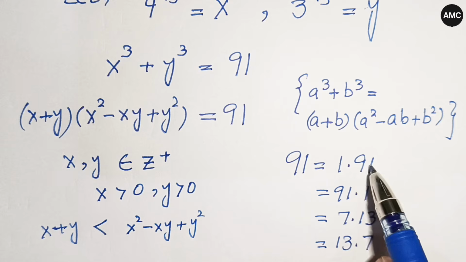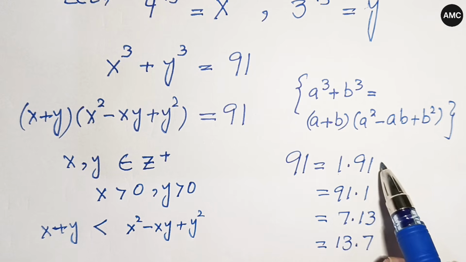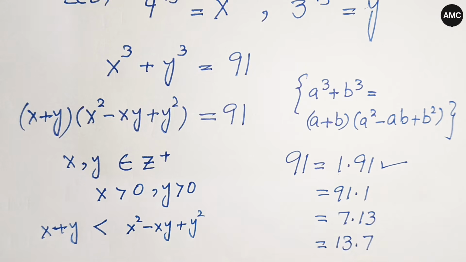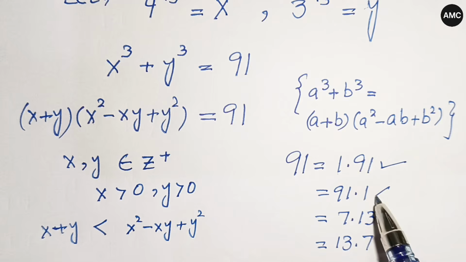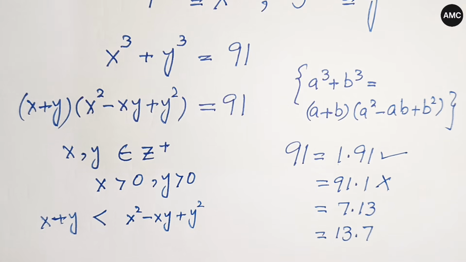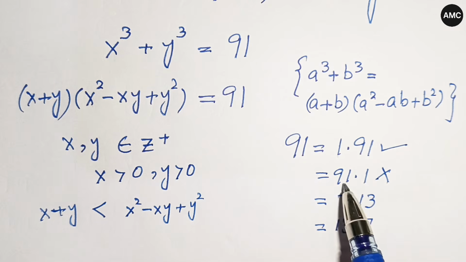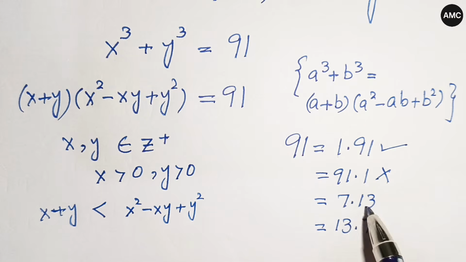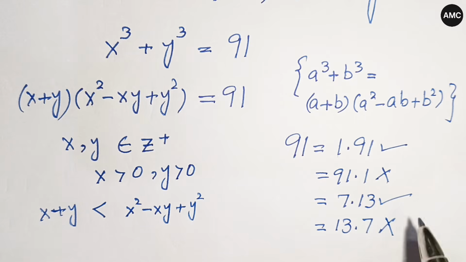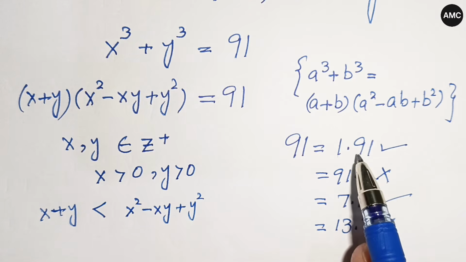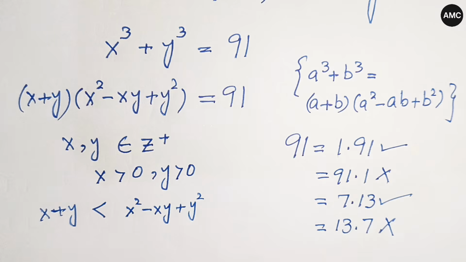So 1 times 91 is valid, since 1 is smaller than 91. 91 times 1 is not valid for this problem because 91 is the greater factor. Similarly, 7 times 13 is valid, and 13 times 7 is rejected. So we have two cases here, 1 times 91 and 7 times 13.